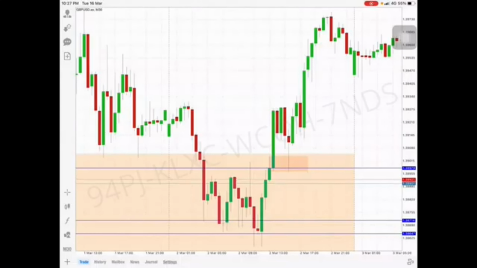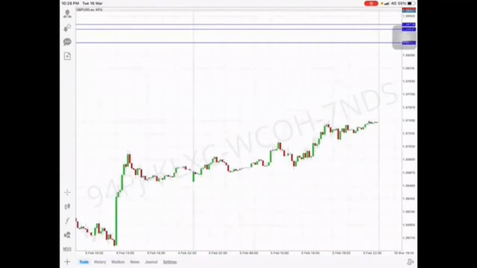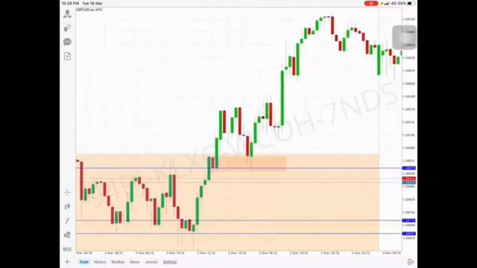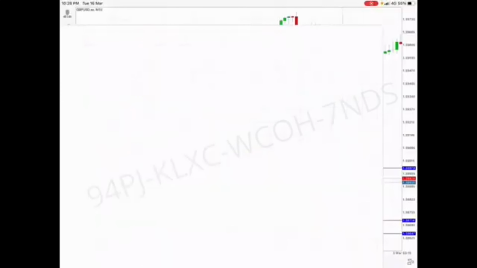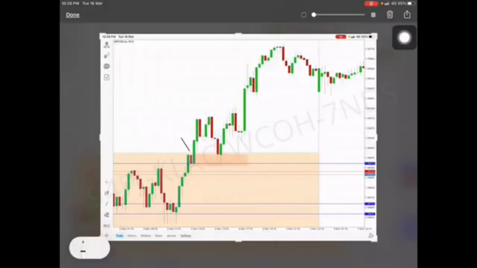How do you see if the DOM is valid or not? Which time frame do we go? M15. Yes, so we go to M15. Is the DOM valid? Is there any engulfing? Yes. So there is an engulfing buy.